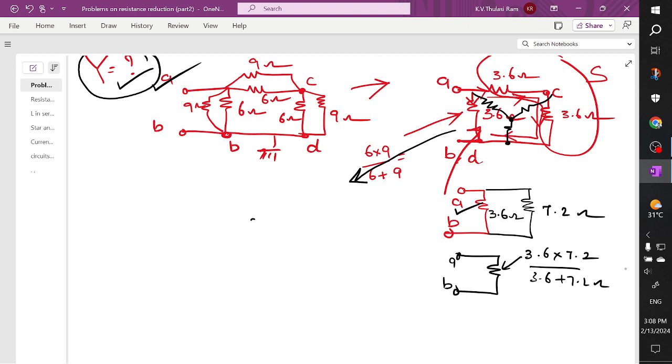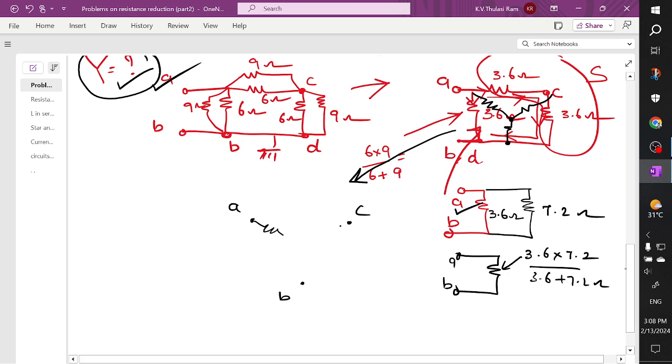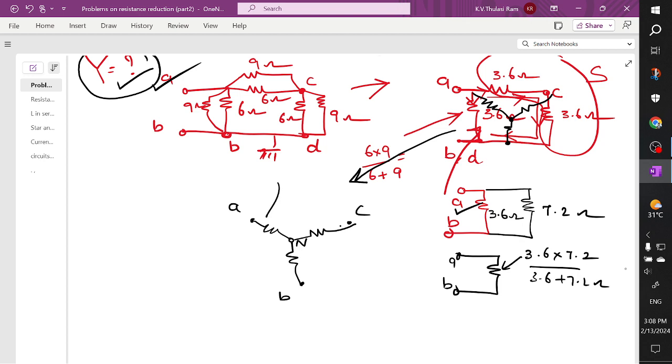I am redrawing it with node A, node C and node B, and I want this value with neutral, and I want this value with neutral, and I want this value with neutral. So what is the value of this? You want this element, and this is nothing but conversion of delta to star, and you can see all the values are same. Let's try to do it by two methods.